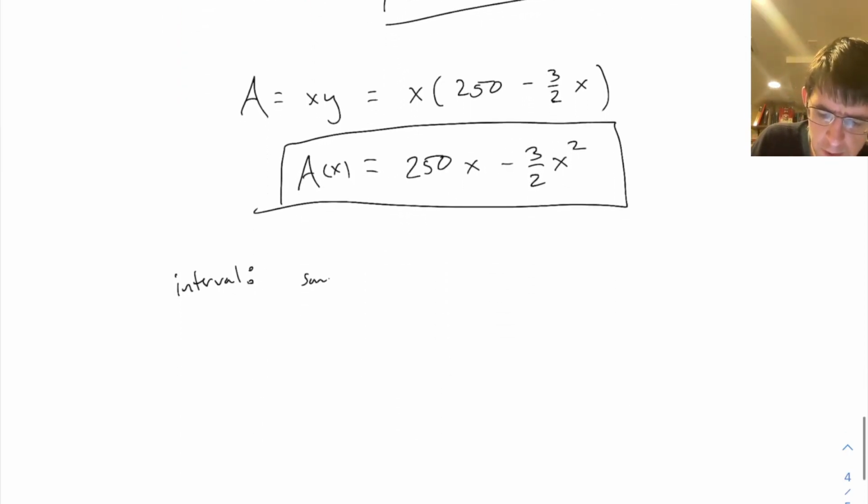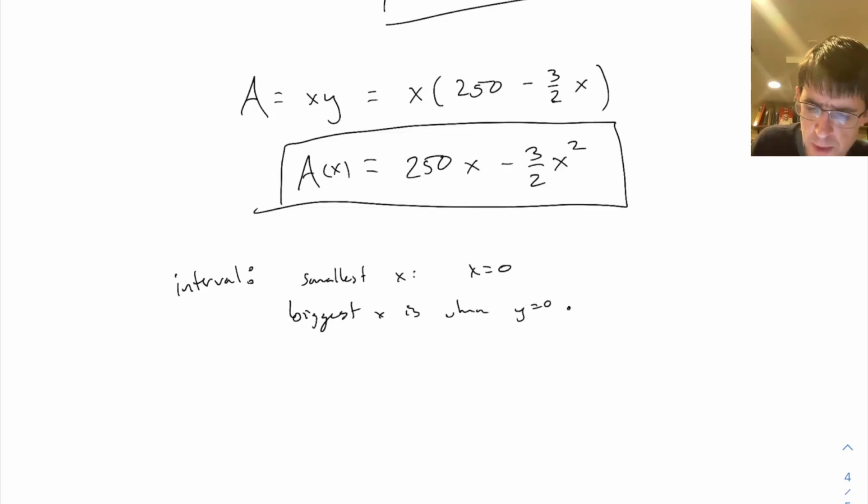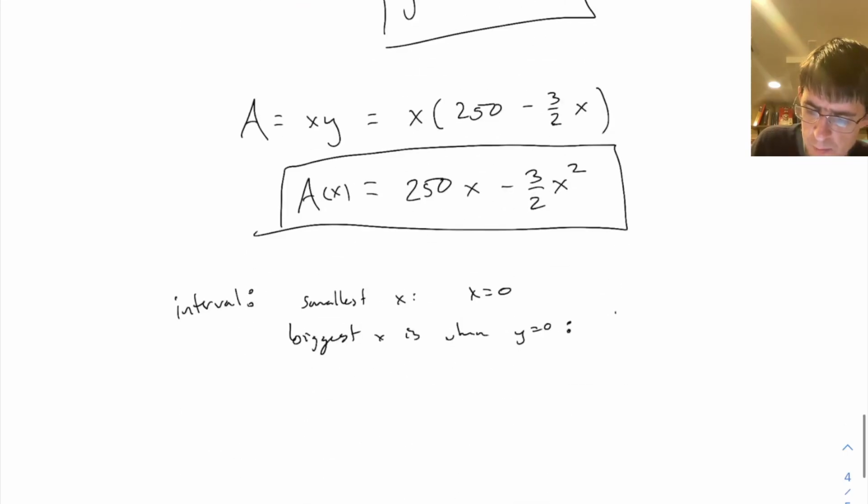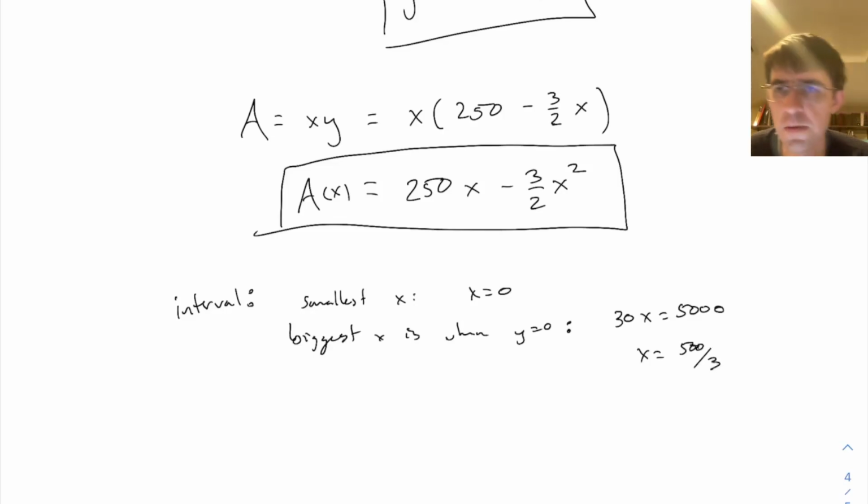So I will say the smallest x is x equals 0. The biggest x is when y equals 0, which would be, if I look right there and let y be 0, it will say 30x equals 5,000. And then we can solve for x as 5,000 over 30, which is 500 over 3, I guess.